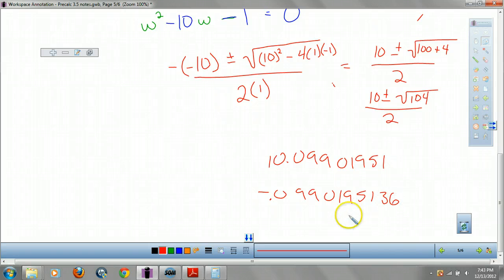You may say, Mr. Willer, why are you using so many decimals? Because it is important that you use all those decimals. You must use as many decimals as possible for this, guys. Don't just say -1 and 10.1. You will get in trouble.